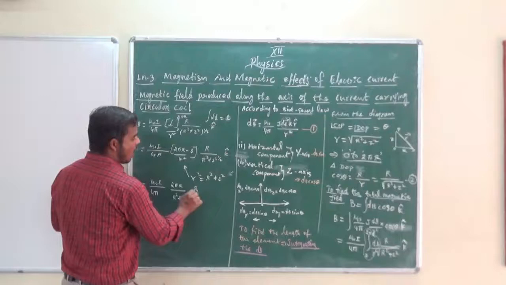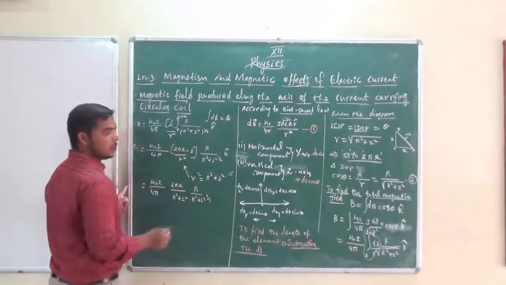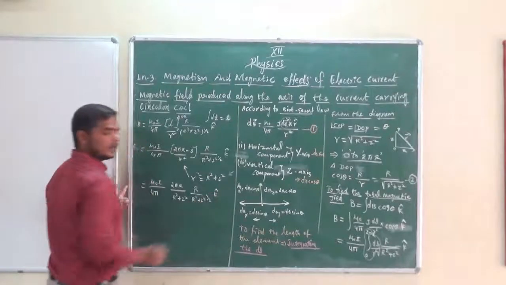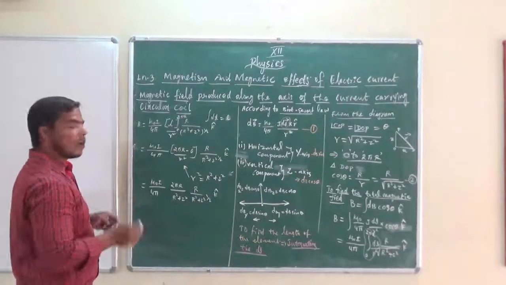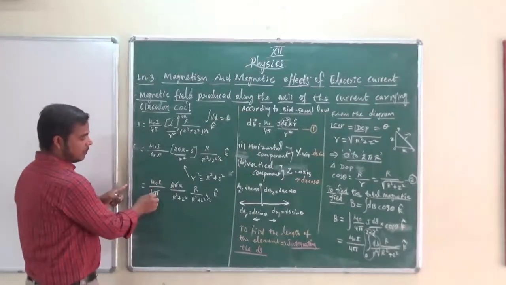The rest of the term is r divided by r square plus z square to the power of 1 by 2, into k cap. Here we cancel 4 pi and 2 pi, and a 2 is left.